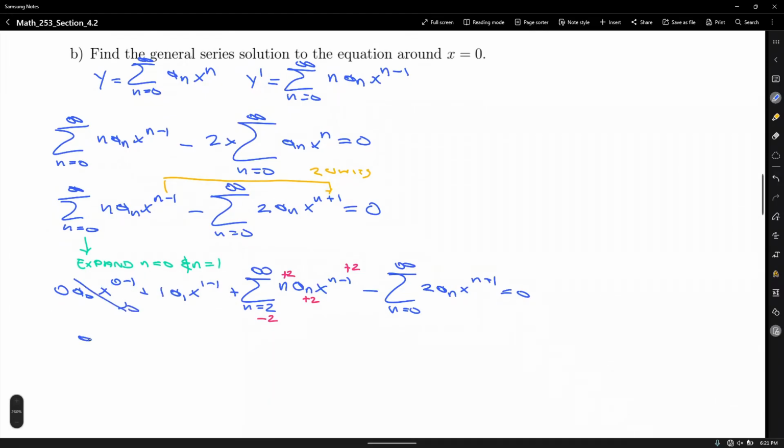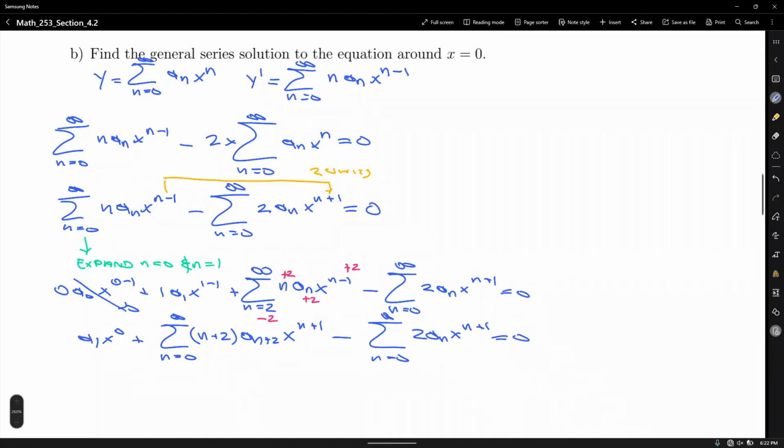This is 1 times a sub 1, that's a sub 1 x to the 0, plus sigma n equals 0 to infinity of n plus 2 a sub n plus 2 x to the n plus 1, minus sigma n equals 0 to infinity of 2 a sub n x to the n plus 1, equals 0.